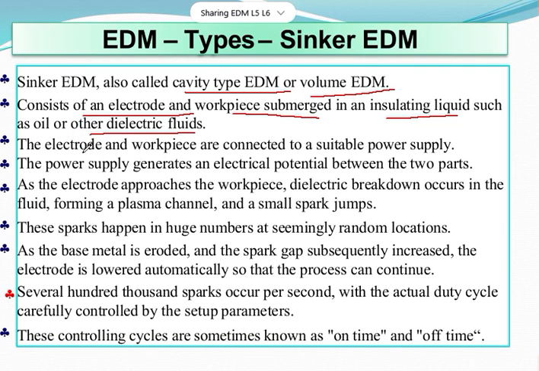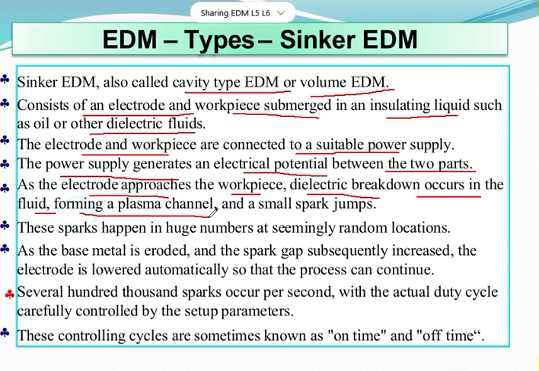And the most important thing is that the electrode and the workpiece are connected to a suitable power supply. Basically the power supply generates an electric potential between the two parts. As the electrode approaches the workpiece, the dielectric breakdown occurs in the fluid, forming a plasma channel, and a small spark jumps.